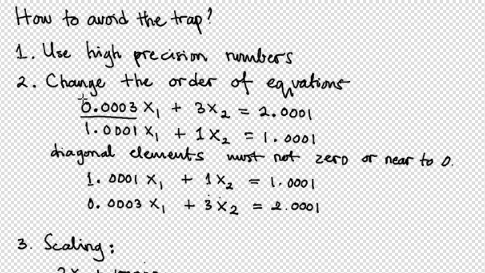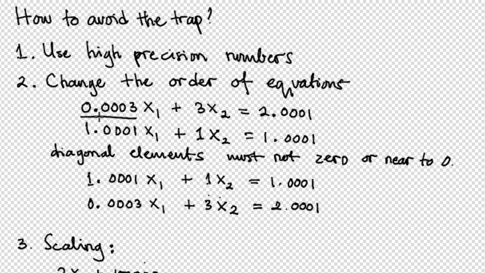And then the second way to avoid the trap is to change the order of the equations. Suppose you have this equation, you can see that this can be trapped into a division by 0 because this coefficient is very small, so it can be division by 0.